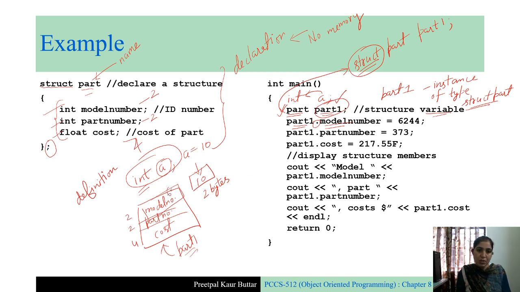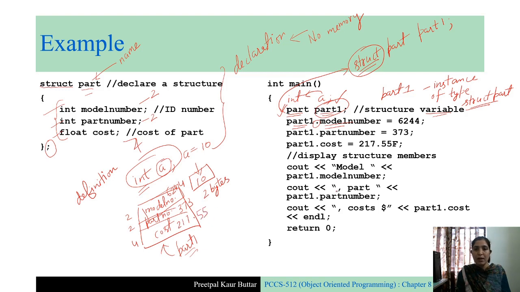So 6244 will be stored at the location of model number. Similarly, part1.part number: through the structure variable part1 we are accessing the member part number and setting its value equal to 373, right?